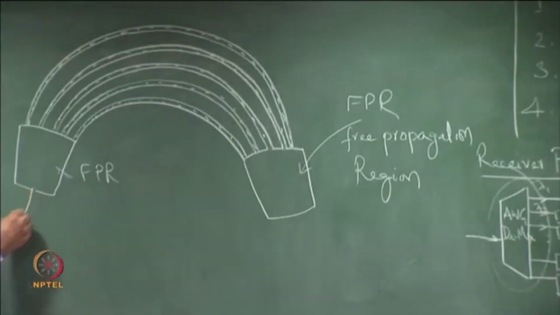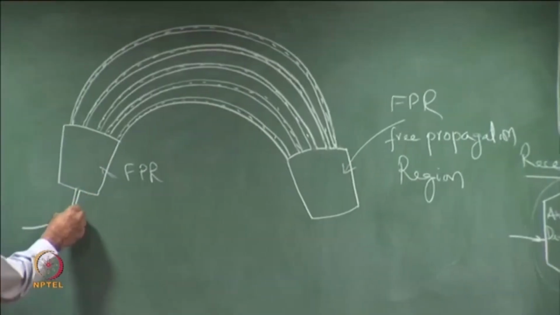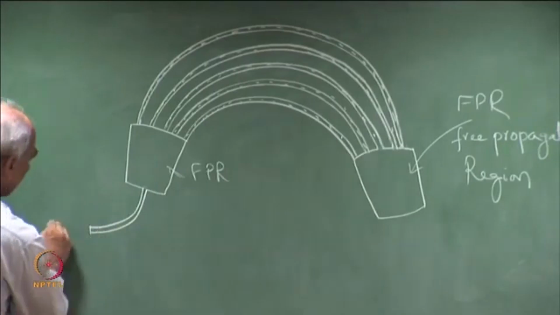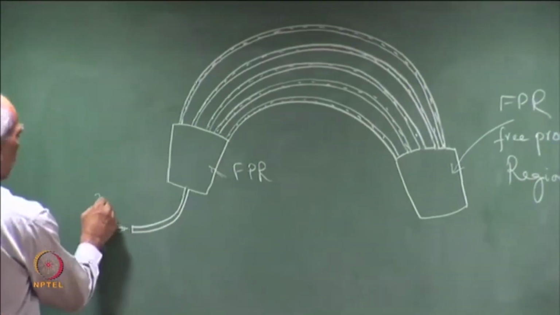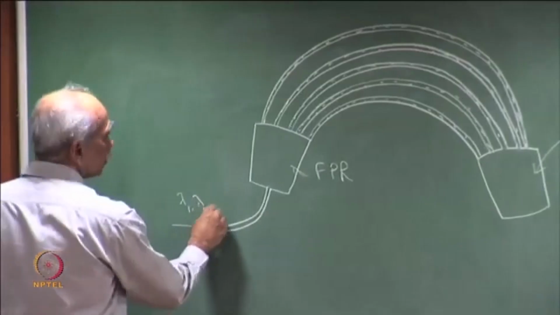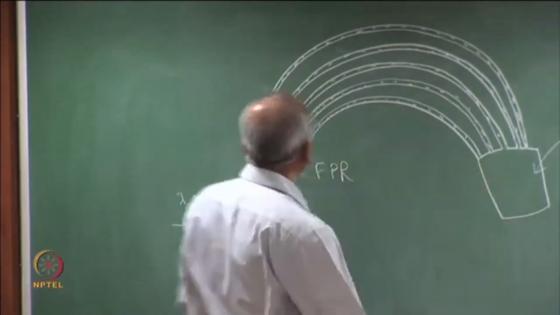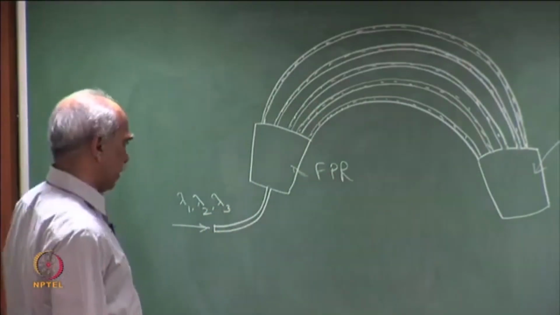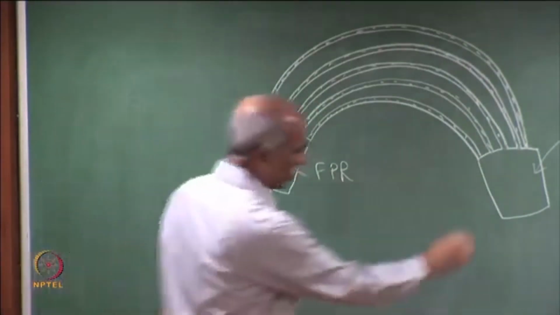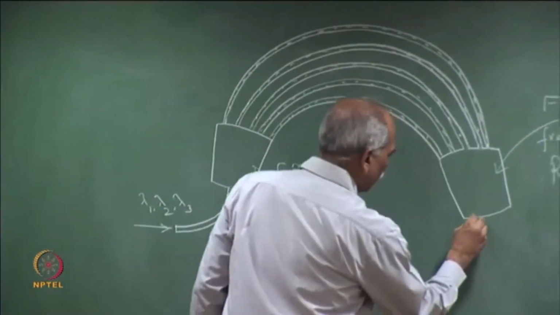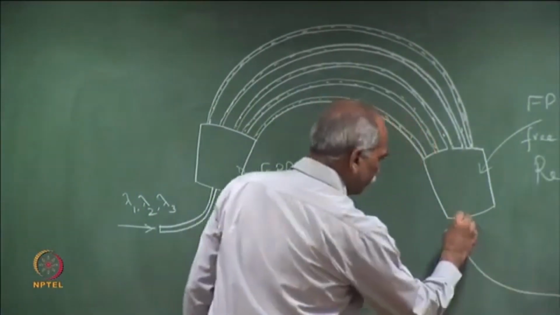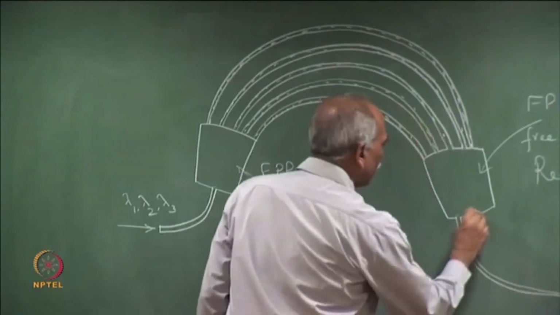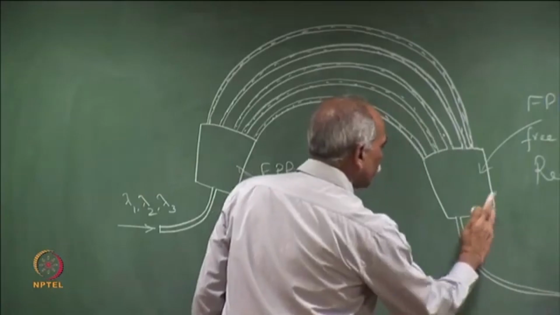Here is the waveguide, an optical waveguide made on the semiconductor chip. Here is light entering, all the wavelengths lambda 1, lambda 2, lambda 3. Let me take just 3 different wavelengths to illustrate, which are demultiplexed.